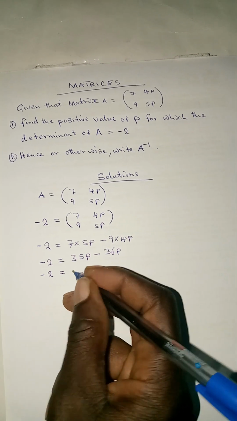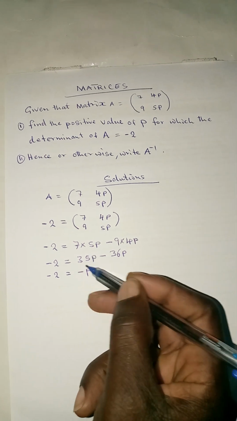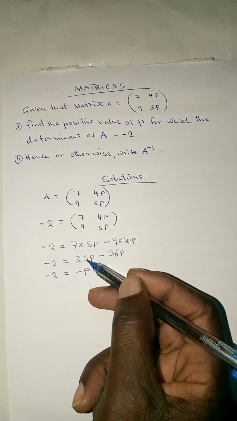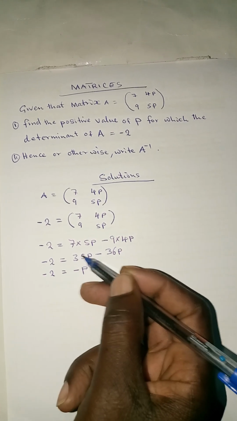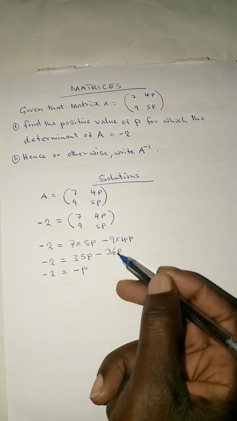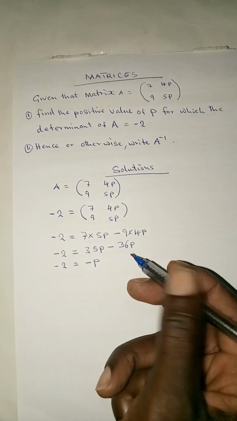It will give you -P because we take the sign of the bigger number. This is a positive 35 and this is -36. So we subtract 35 from 36 and maintain the sign of the bigger number.